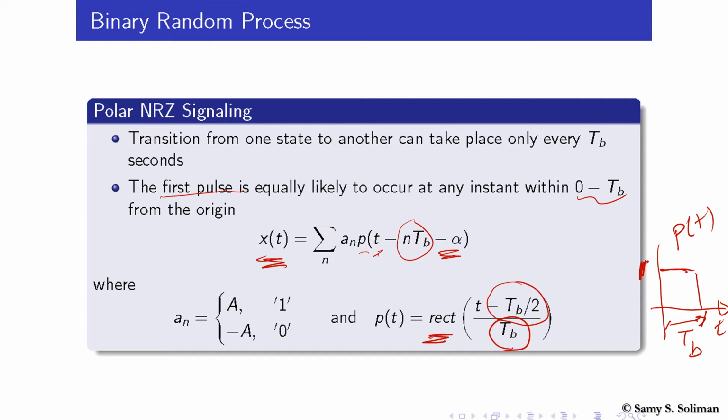So in this case, our alpha is a random variable which represents the place of the origin within the first pulse, and each of our pulses is amplitude scaled with a random variable an, where this an is either positive A if we have bit 1 and negative A if we have bit 0. So this is the random process that can be used to describe polar non-return to zero signaling.